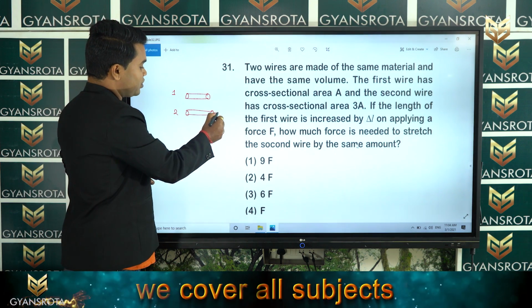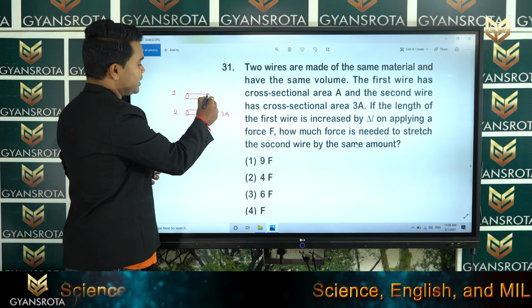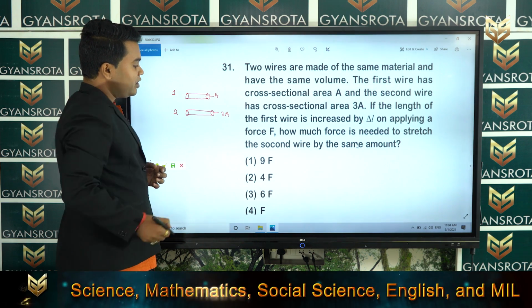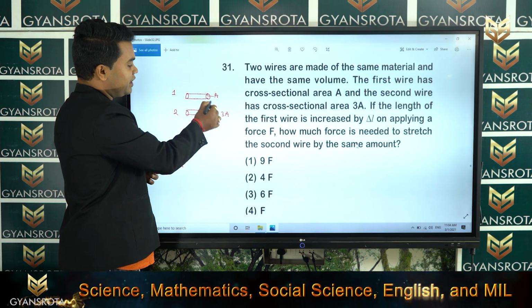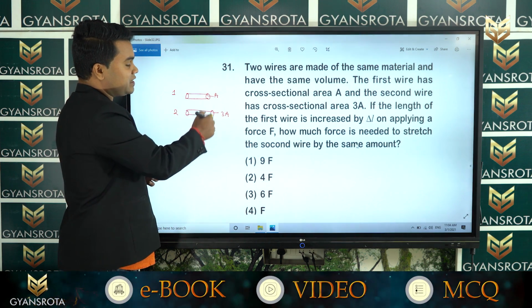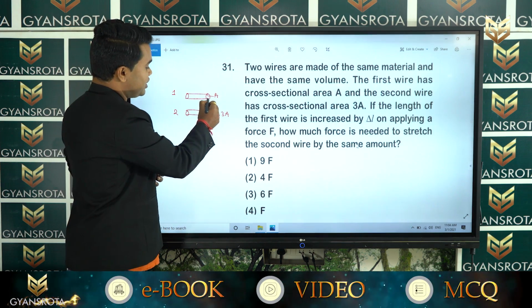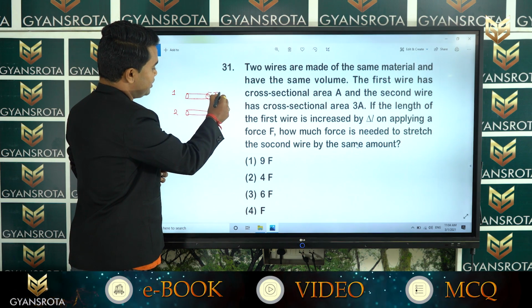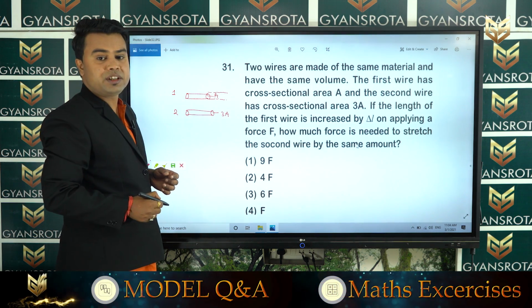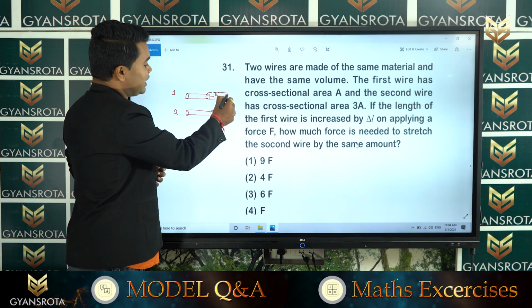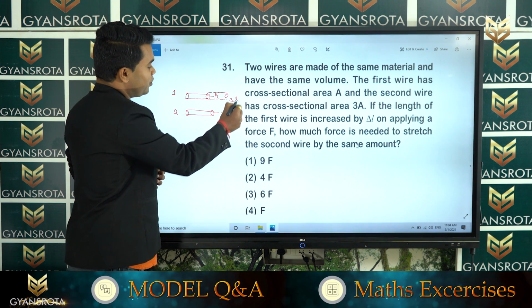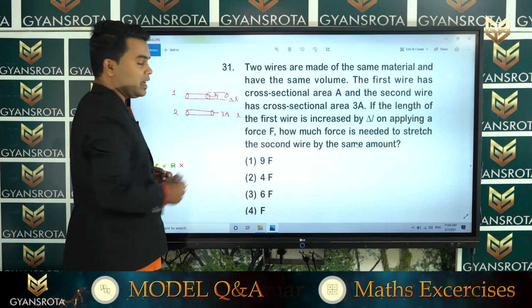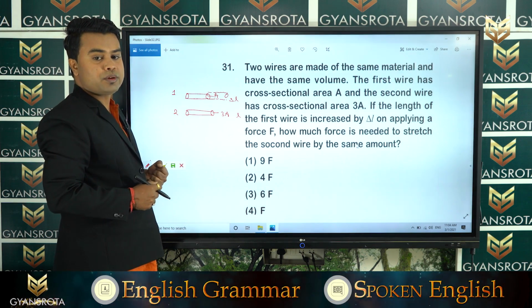This one has cross-sectional area 3A and this one has cross-sectional area A. Now imagine if area is decreased, the length will increase. If I start stretching it, the length will increase. So its length will become 3L, where the length of this one will remain L. They are inversely proportional to each other.